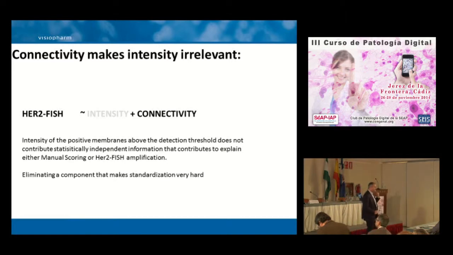And it turns out that intensity does not contribute statistically independent information to the connectivity. In other words, it's enough to look at connectivity if we have detected membrane objects above a certain detection threshold and just look at the size distribution. This is enough. So in other words, we can get rid of the one component in digital pathology that gives us most variability, and that is intensity.